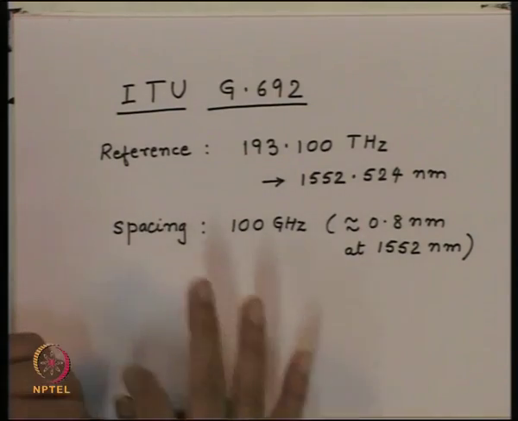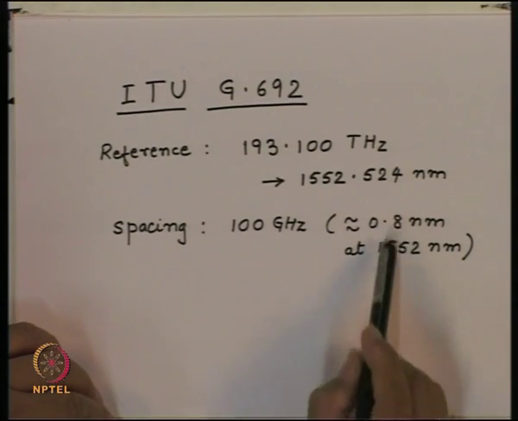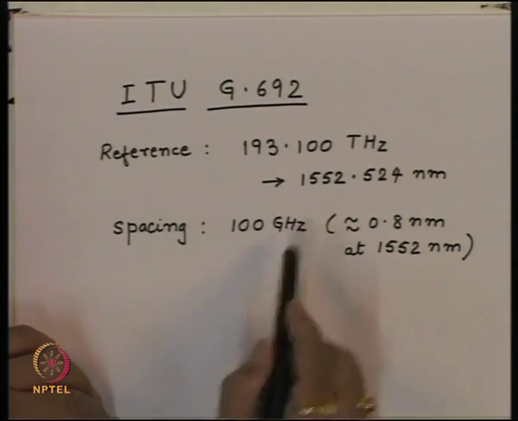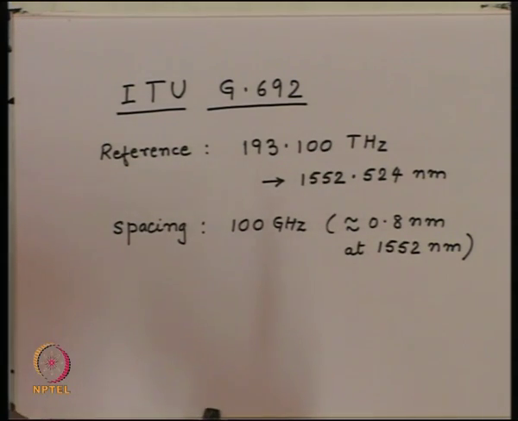So the ITU grid is equispaced in terms of frequency. It is not equispaced in terms of wavelength, because the spacing will depend upon the center wavelength. So every 100 gigahertz we have a carrier, and if we transmit data of, let us say, 10 gigabits per second, the channel will occupy about 20-30 gigahertz of bandwidth. The next channel, separated by about 100 gigahertz, will not overlap with the spectrum, and we have a fair amount of isolation between different channels.